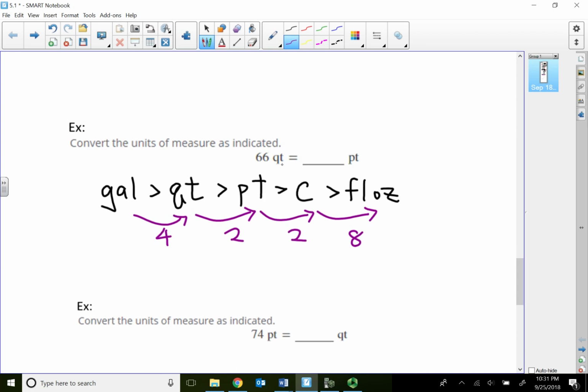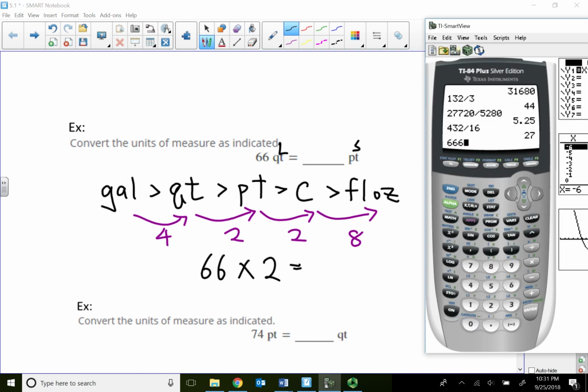So quart and pint is right here. Quart is large, pint is small, and the conversion number between quart and pint is 2. So large to small we multiply. What number do I multiply? 2. So 66 quarts times 2 will tell me how many pints that is.